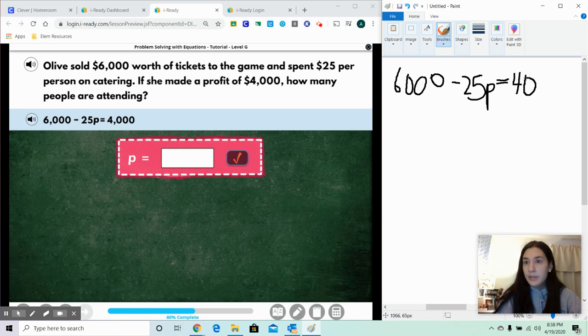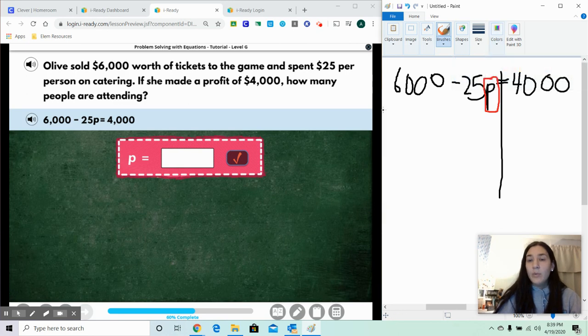Okay, the first thing we're going to do is draw our scale line right here by my equal sign, and I want to try and identify my variable. So I'm going to put a little box around it. So there's my highlight, okay?